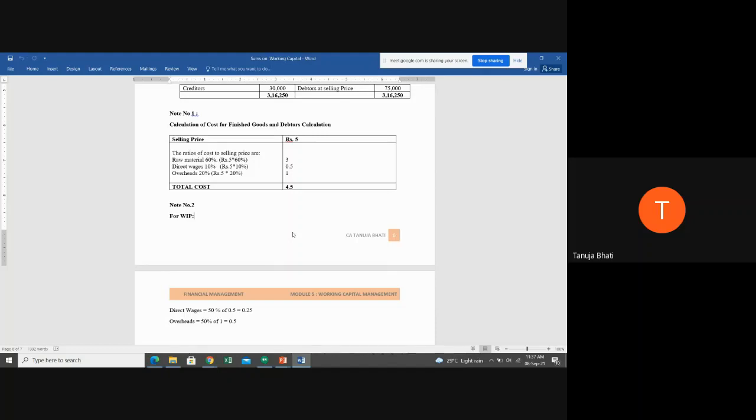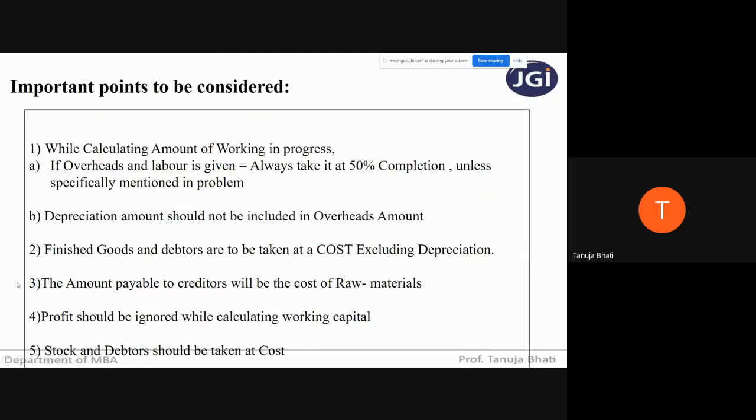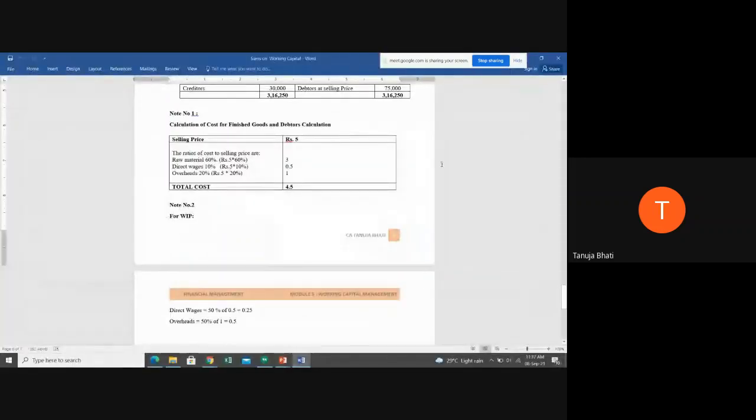Yes? Can anyone tell me? Here I have shown you all, right? The amount payable to creditors will be the cost of raw materials. So now can anyone tell me at what amount should I take the creditors? Yes, raw material.